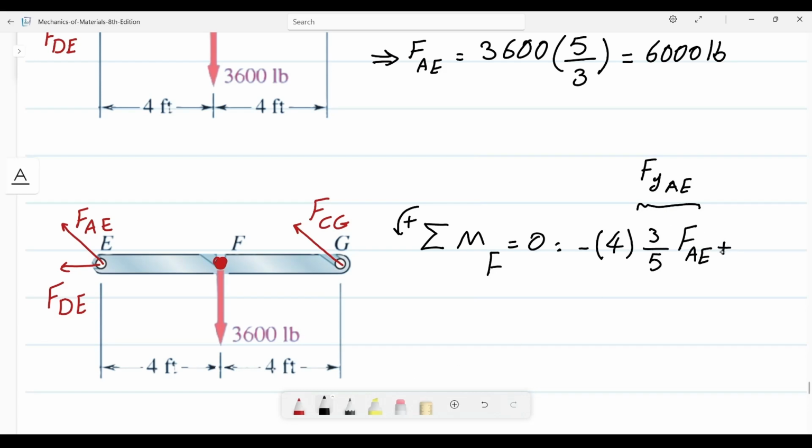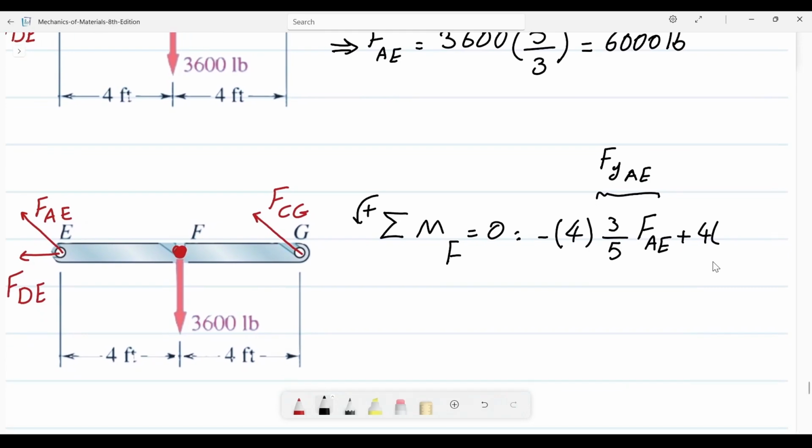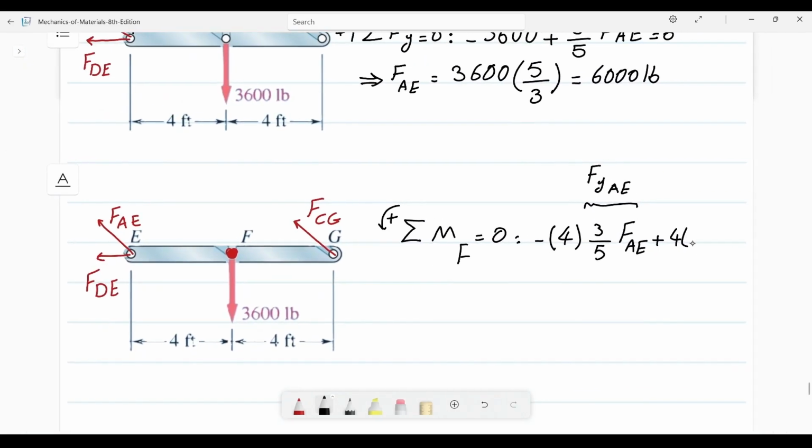And plus 4 multiplied by 3 divided by 5 FCG equals 0.